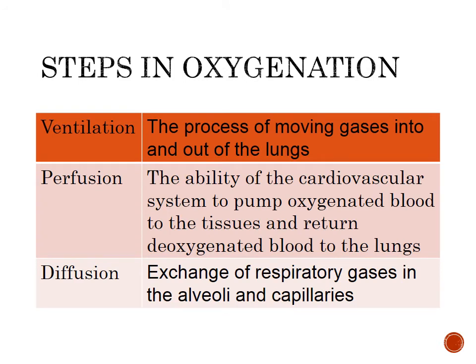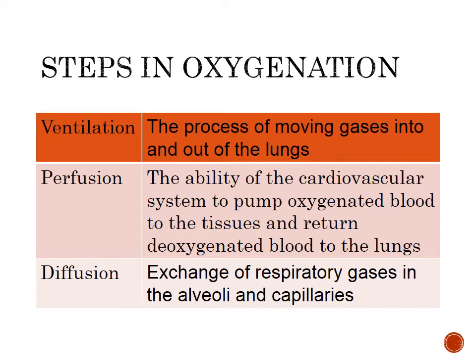Steps in oxygenation. I did mention on the previous slide, we have ventilation, perfusion, and diffusion. These are the three steps involved in the process of oxygenation. Ventilation is a process that moves gases in and out of the lungs. And then we have perfusion. This is a term you're going to hear quite often in nursing. We always say tissues are not getting adequately perfused.